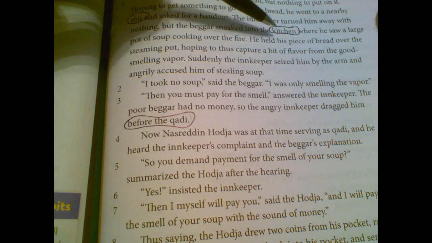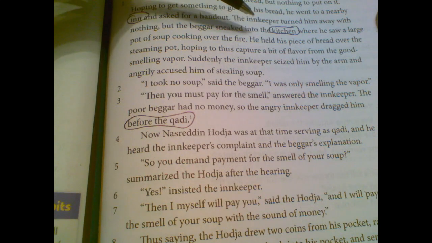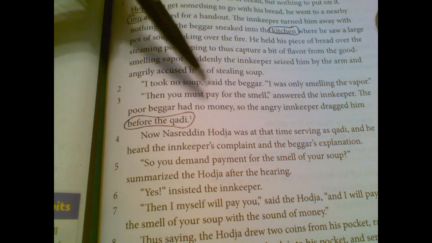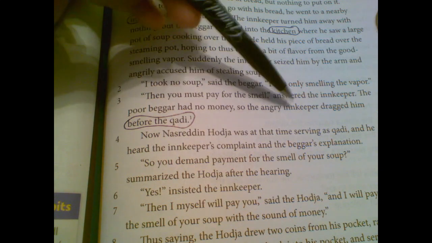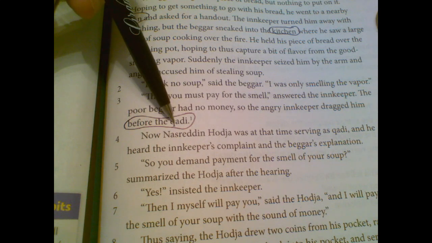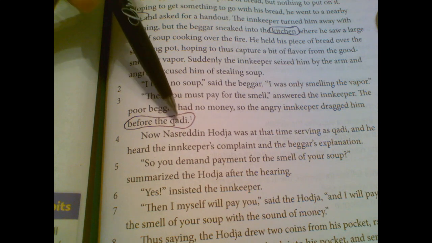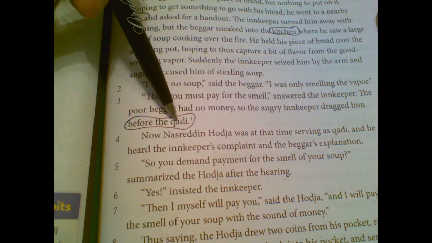The next one, the kitchen. The beggar sneaked into the kitchen. So our setting changed. He went into the kitchen. And then the last one, the angry innkeeper dragged him before the Qadi. Now, I'm not quite sure what this word means. When I was looking at this word, I even Googled it to make sure I was going to pronounce it correctly, because this is a word that even I didn't really know.